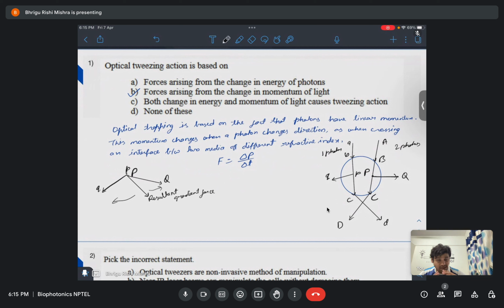There will be some scattering of the laser light by this sphere, and that will cause the reflection.